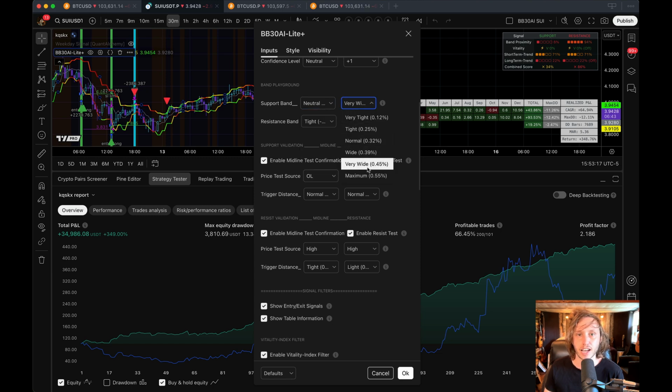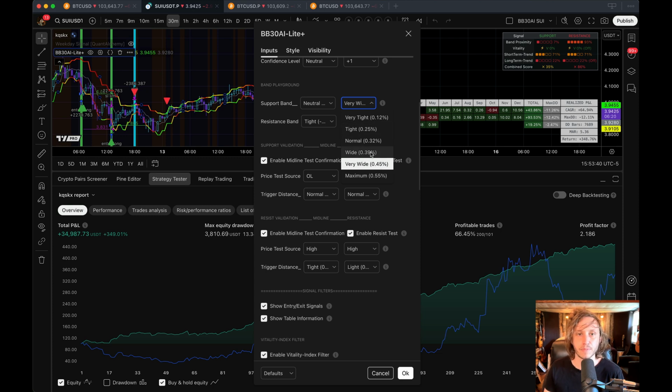For this, wide versus very wide. The default was like 0.32, I think. But this is for SUI instead of Bitcoin. I put this one on very wide because it needed to be a bit higher, and I don't care about dialing into like 0.43 or 0.44.